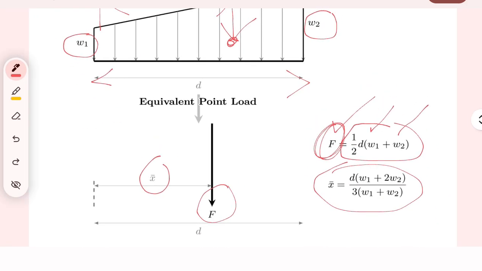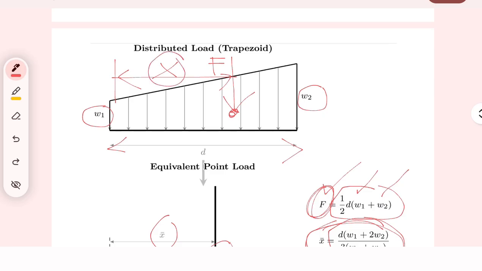x = (W1 + 2W2) / (3(W1 + W2)) times D. If you could memorize this formula, this is actually the location of the centroid of a trapezoid, which is x from this side.